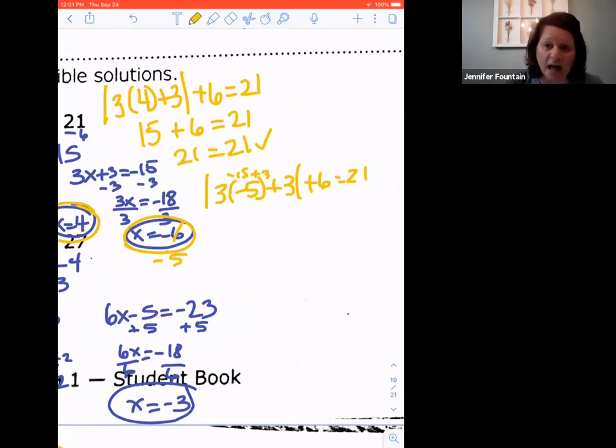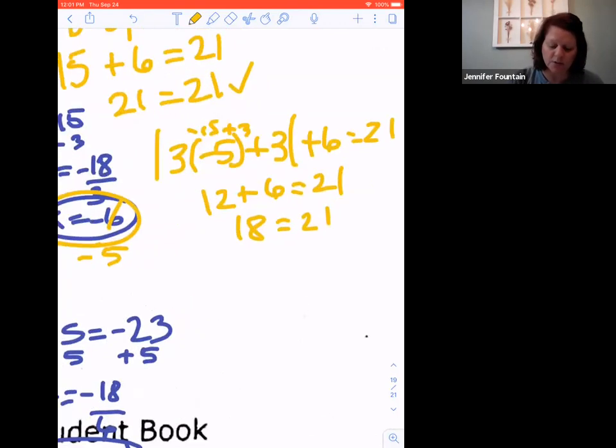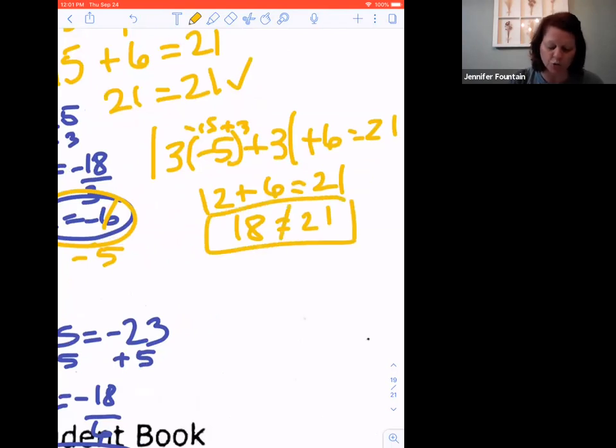The absolute value of -12 would be +12. So then I'd have 12 plus 6 equals 21. 12 plus 6 is 18. 18 does not equal 21. So this is what we would call an extraneous solution, because this does not equal that. So if I don't have a true equality, that's what's called an extraneous solution.